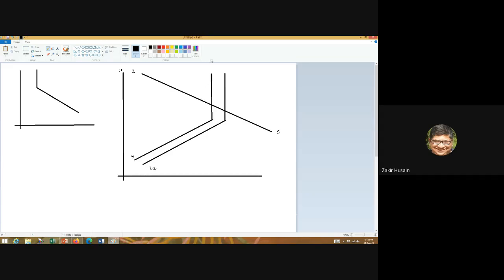This is L1. This is M1. This is M2. Okay. Now, one thing, actually, it's not very clear.